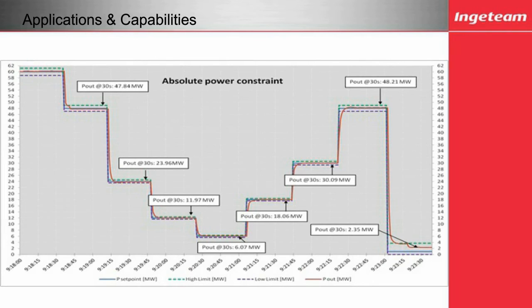The grid operator may need curtailment as an example. This is an example, and I'll spend a second on here, the red being the power output to match the new set points in the dark blue that are sent by the SCADA of the utility operator to the individual plant to go up or down in active power as the plant operator requires.